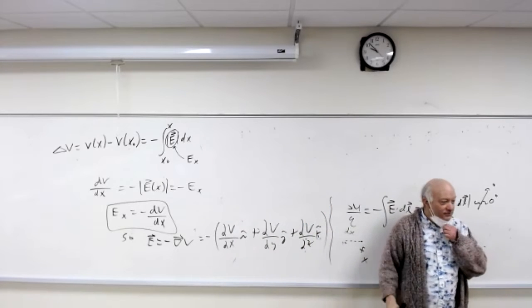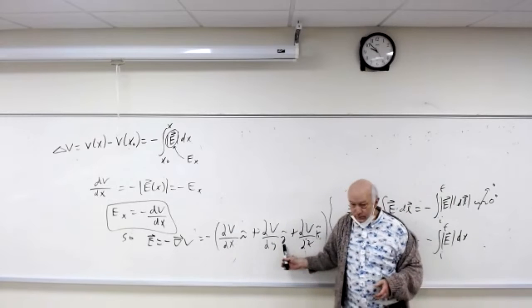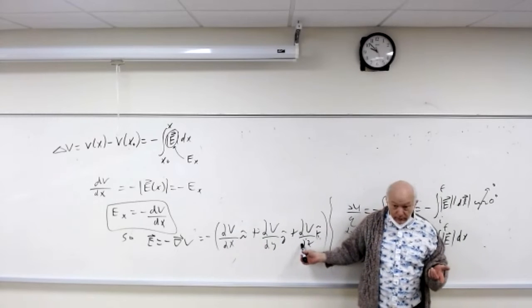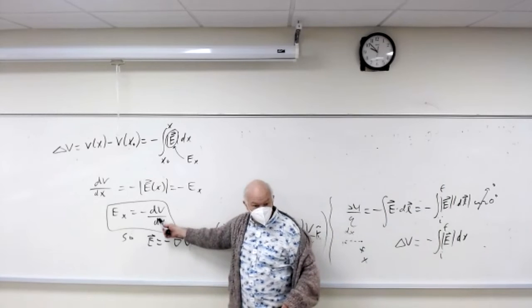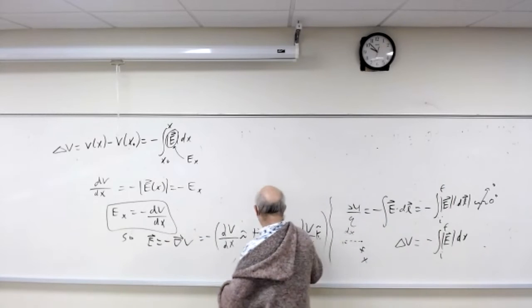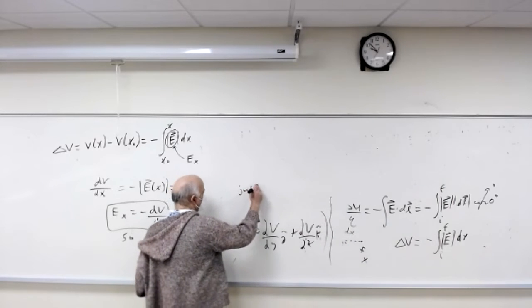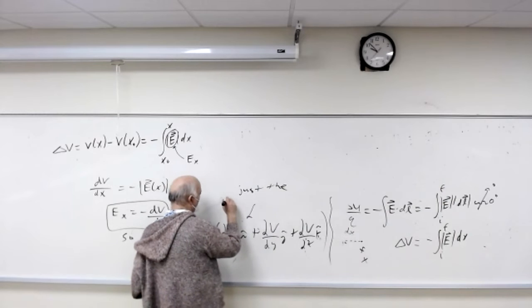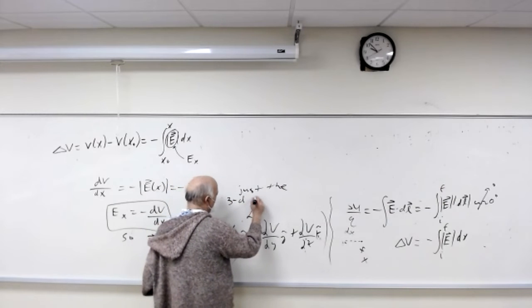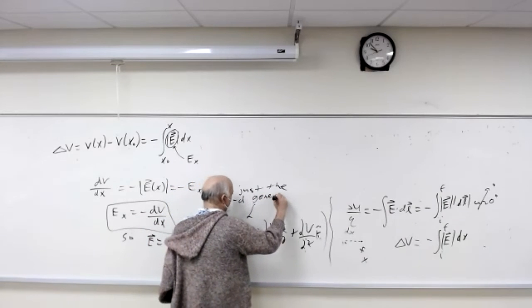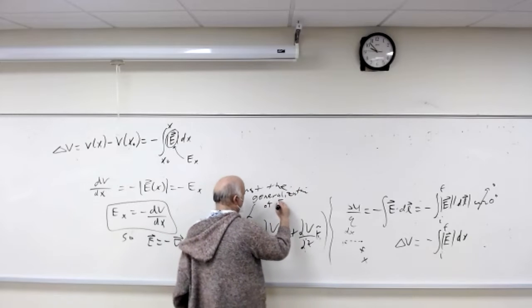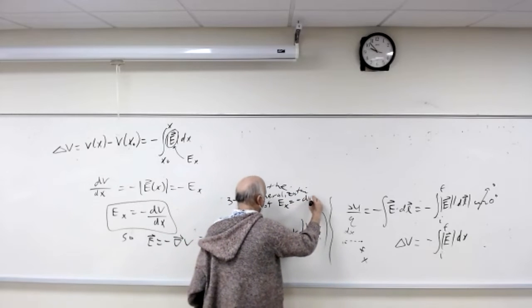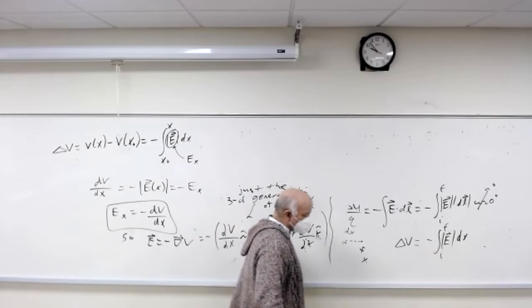What would it be then? This is just the generalization to three dimensions. You can see that this piece is basically the three-dimensional version of this. So this is really just the three-dimensional generalization of this E x equals minus dV/dx. That's all that is.